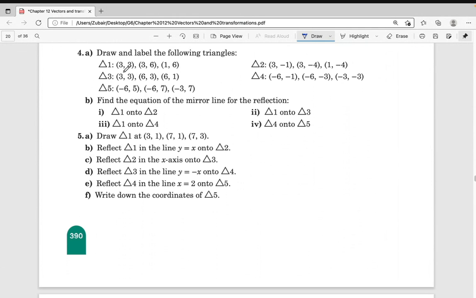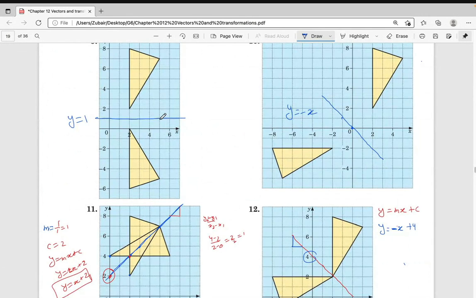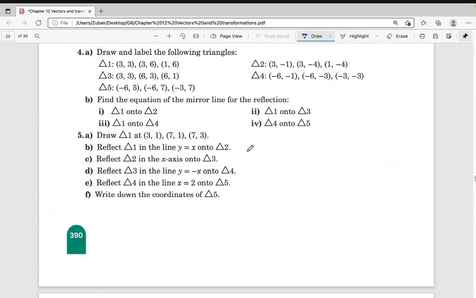So if we draw triangle 1 with these coordinates and then triangles 2, 3, 4, 5, it says find the equation of the mirror line for the reflection 1 to 2. So when it is already drawn, it would look like these questions. Triangles will be there, and then you will find the equation of the reflection line.